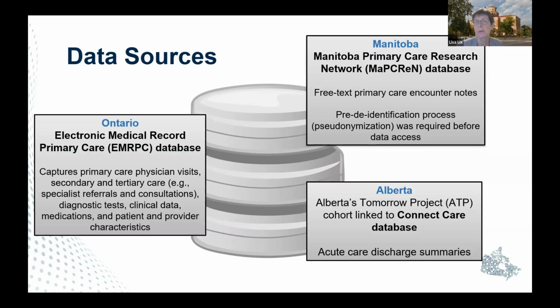And so in order to be able to gain access to the data, there was a pre-de-identification process that was required for us in order to be able to use the data. And so we know where names were replaced with something that was not necessarily standard, but the actual names that were included were removed, and there was a replacement process that was involved there.